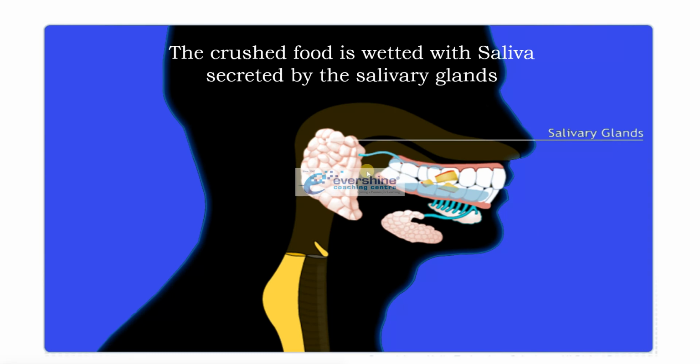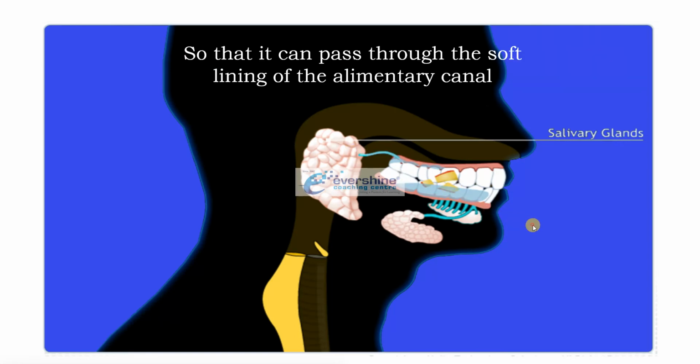The food is wetted with saliva, which is secreted by the salivary glands. This saliva mixes with the food, and this helps the food to become soft and spongy. Understood?